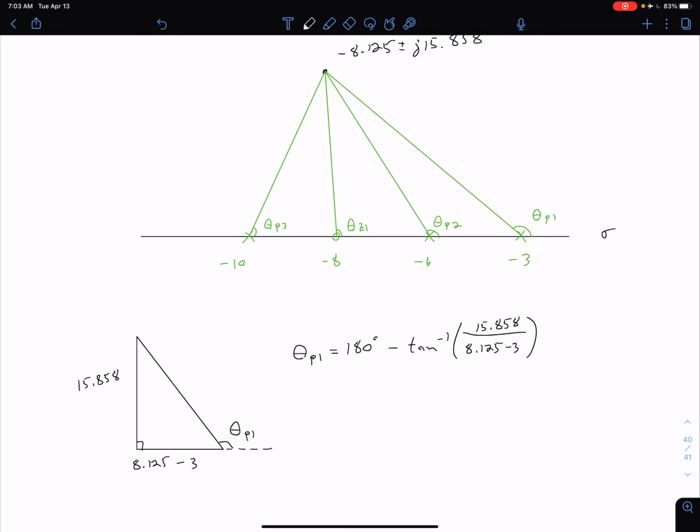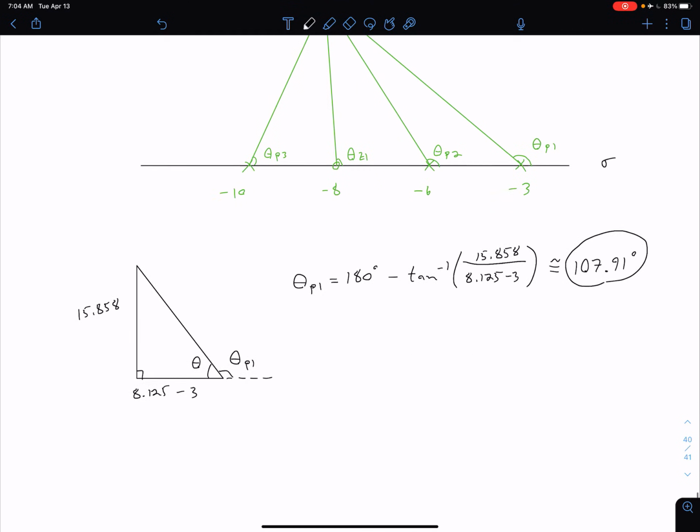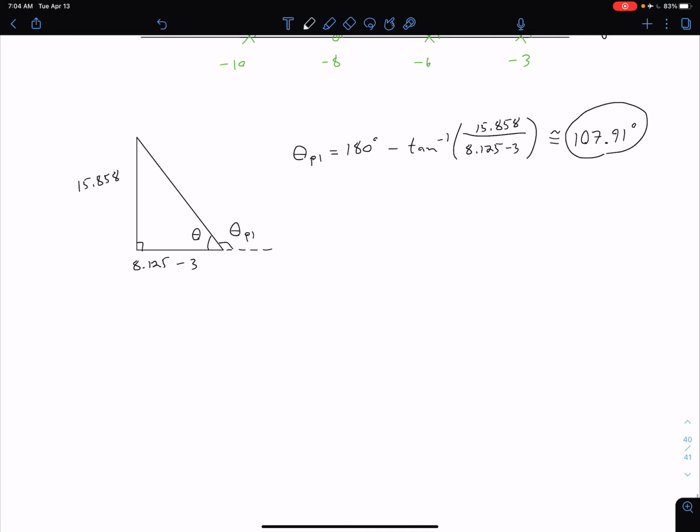The reason for the 180 degrees minus is that theta P1 is outside; the inverse tangent gives us the angle inside, so we subtract it from 180 to get theta P1. Plugging all of that into the calculator, we end up with a theta P1 of 107.91 degrees.